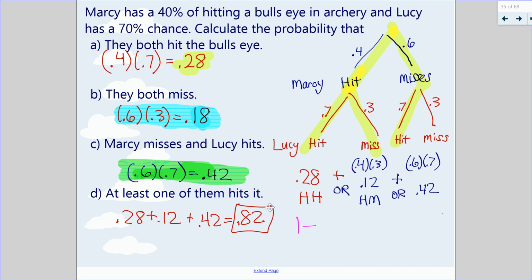It's both missing it. One minus both missing it is 1 minus 0.18, which is 0.82. That's using the complement, which we talked about yesterday. So that's another way to do it.